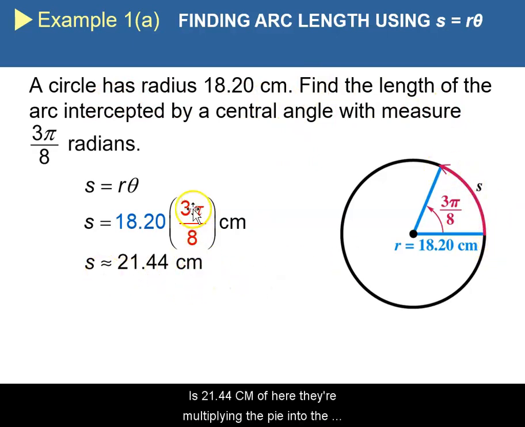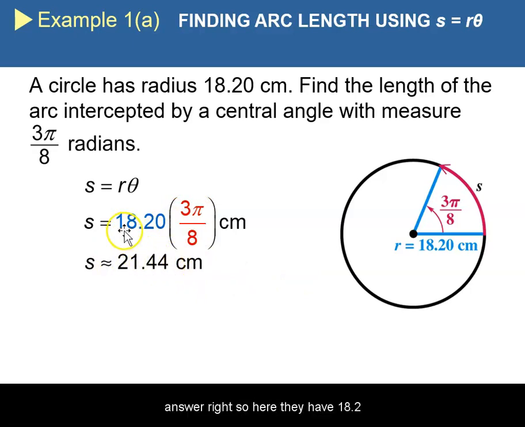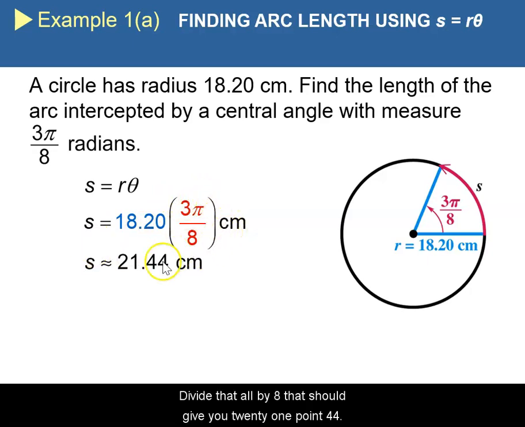So here they're multiplying the pi into the answer. They have 18.2 times 3 times pi, divide that all by 8, and that should give you 21.44. Notice we're given 2 decimal places. Our answer is in 2 decimal places.